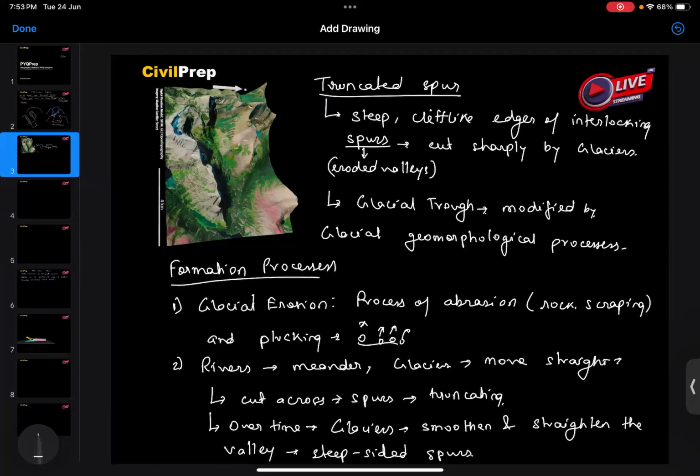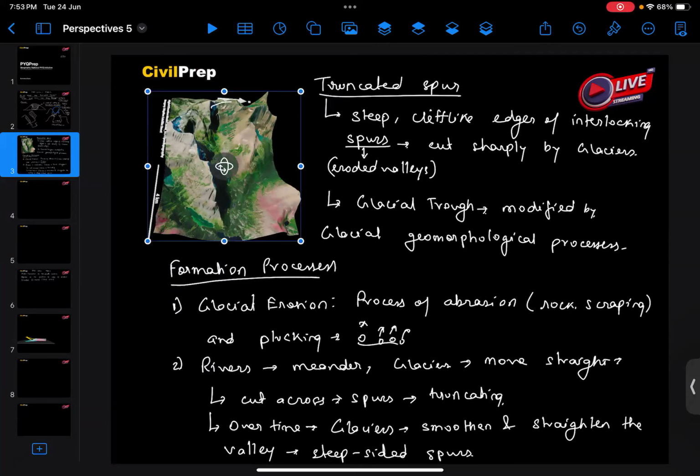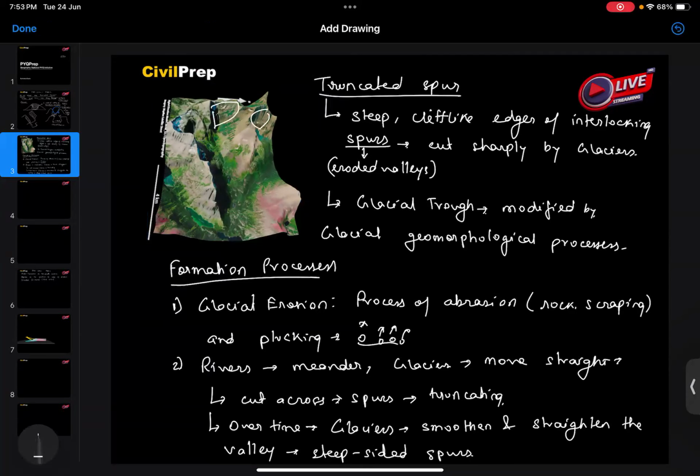Here we can see that these spurs are formed because of the glacial action.